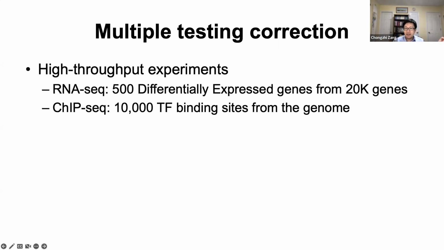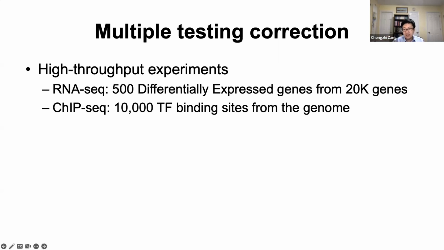Multiple testing correction simply means that if we do this whole procedure many times, even under the same null hypothesis, there's a high chance that we will make an observation that is sometimes close to the alternative. So in this case, we have to do the testing correction.